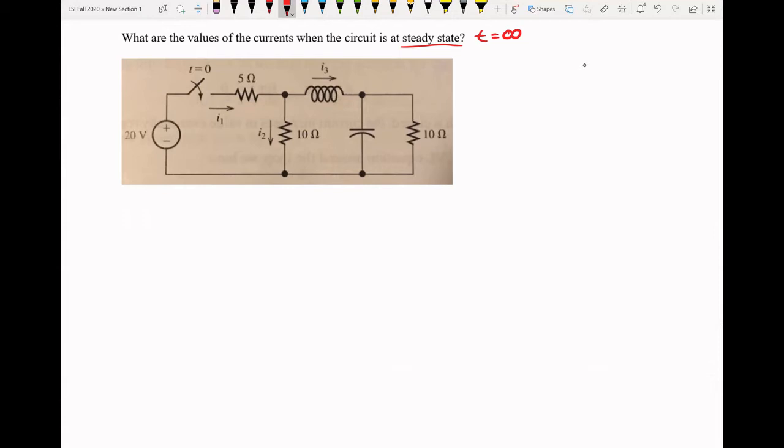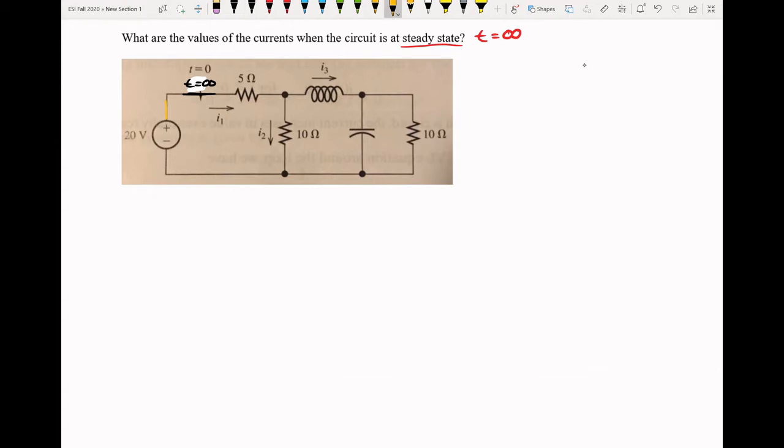So we know how certain elements are going to act during steady state. First, we see that this switch, which was initially open, is now going to flip down to closed, and it stays like this at time equal to infinity, so it's closed.